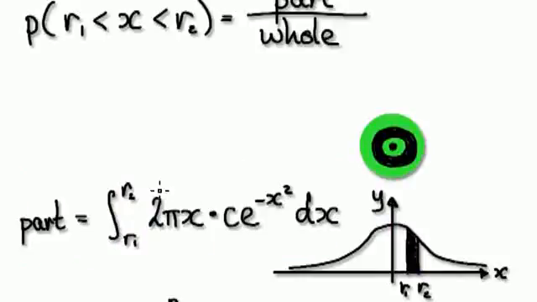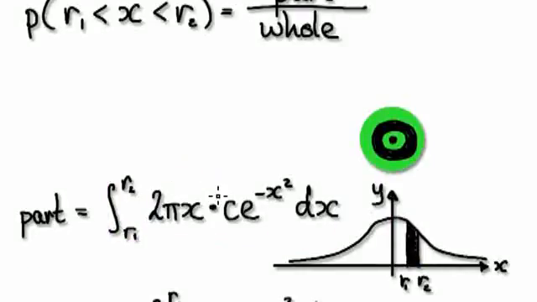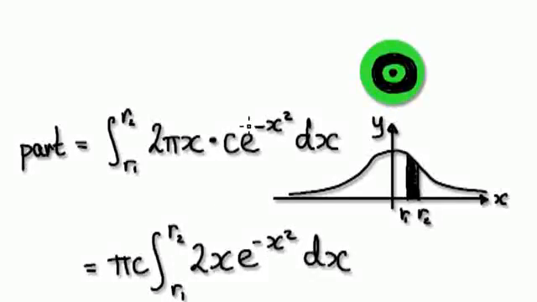So now we need to evaluate this. Our natural instinct, well, we are integrating with respect to x, so our natural instinct would be to spot that c is a constant, so we would take 2 pi c out.